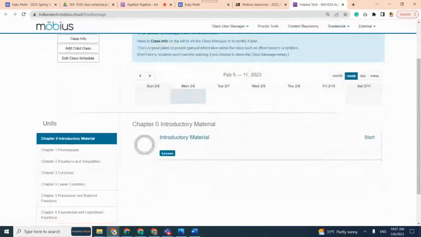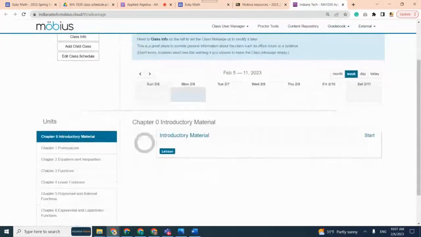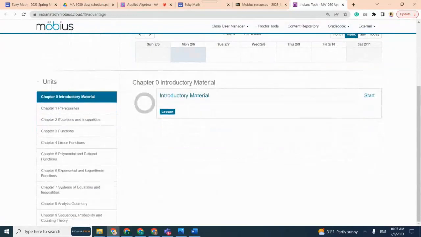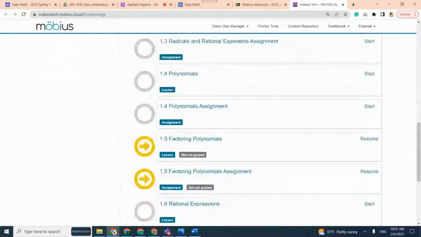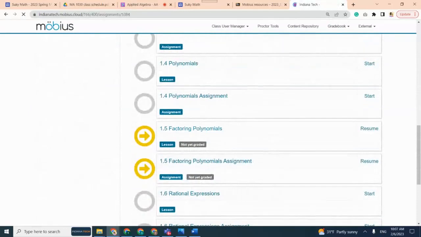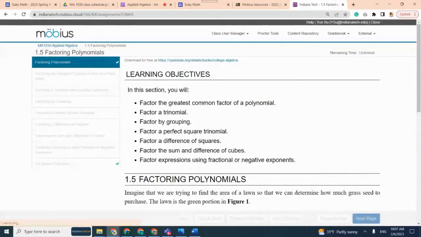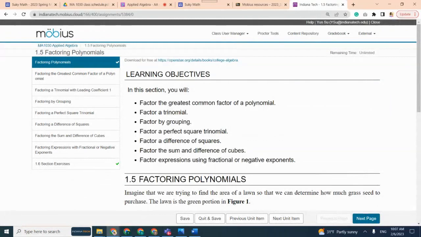Chapter 1, prerequisites. Section 1.5, factoring. It talks about how to factor a trinomial with leading coefficient 1, how to factor by grouping, how to factor a perfect square trinomial, and the difference of squares.